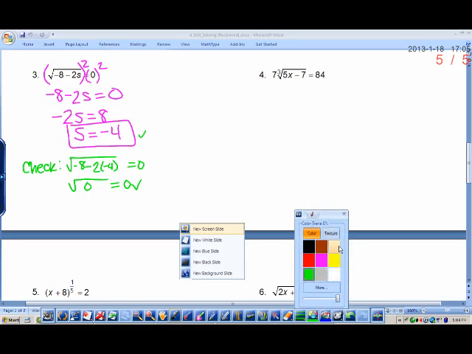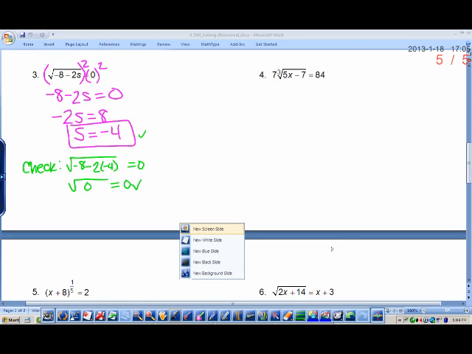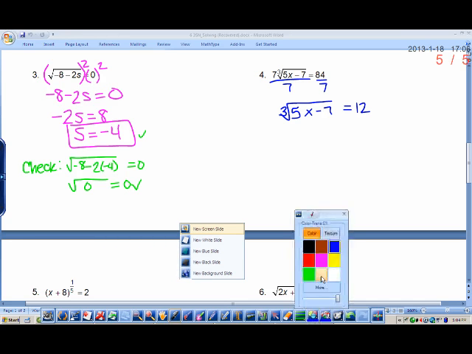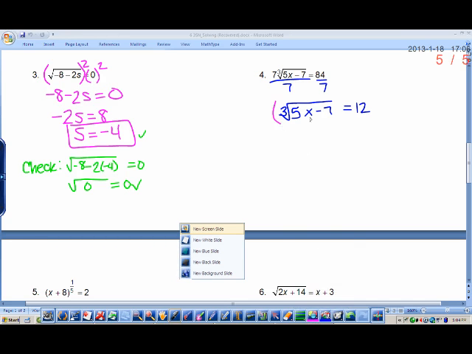All right, let's try this next one. 7 times the cube root of 5x minus 7 equals 84. My radical is not isolated yet, so what do I have to do first? I have to divide both sides by 7, and I get that the cube root of 5x minus 7 is equal to 12. My next step to get rid of this cube root would be to cube both sides.